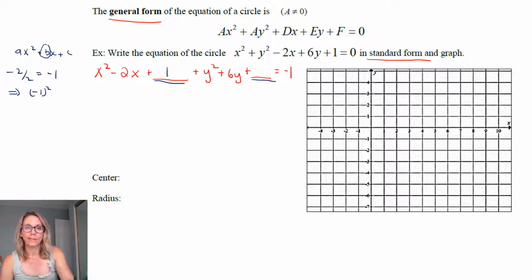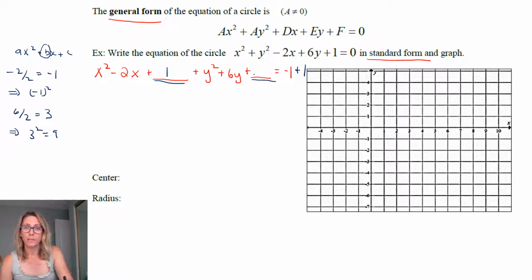And that means that we need to add 1 here. I'm going to do that to the other side because we have an equation here. We have an equal sign, so we've got to do it to the other side as well. It keeps everything balanced. I'm going to do the same thing with my variable y. I'm going to take half of 6, because that's the coefficient for the linear term, and then I'm going to square it.